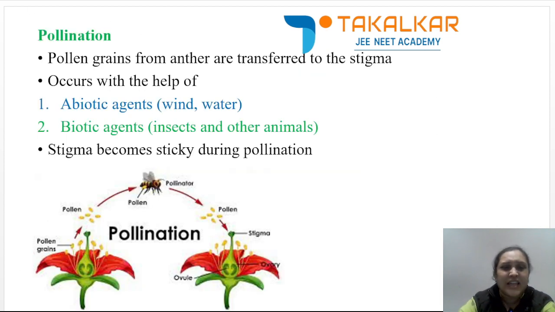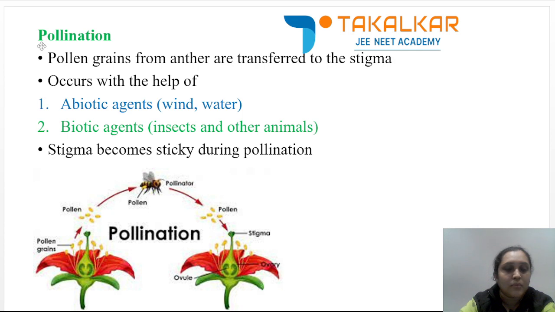Now, the next very important process which occurs during fertilization is pollination. So what is pollination? The pollen grains which are produced inside the anther need to be passed from the anther to the stigma of the same flower or of a different flower.